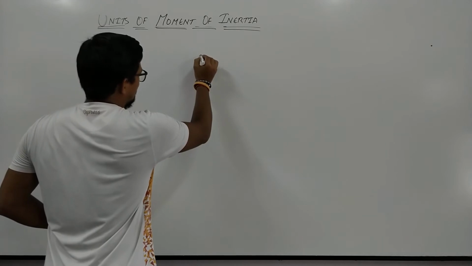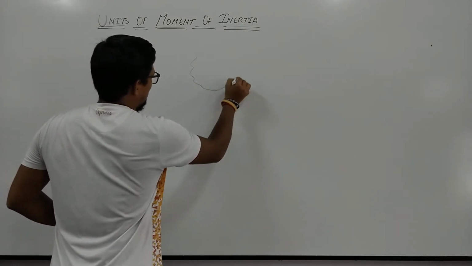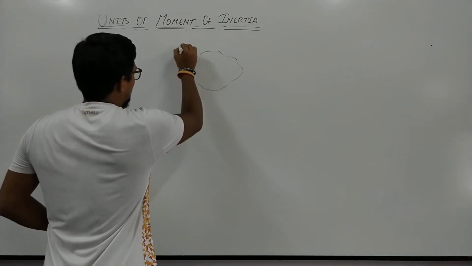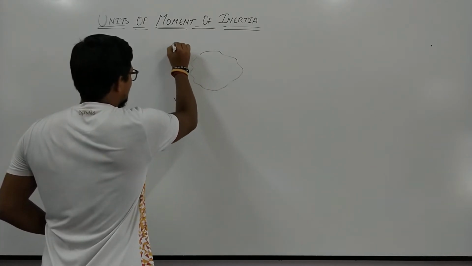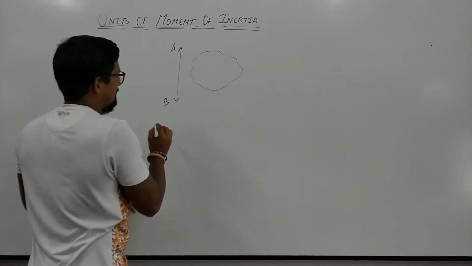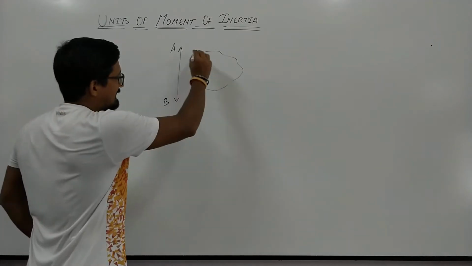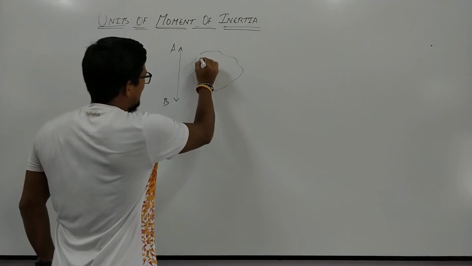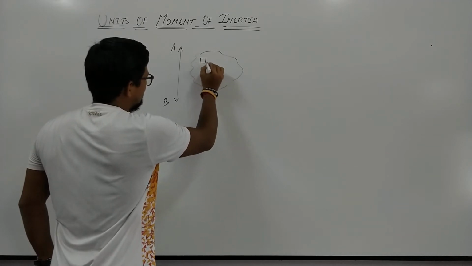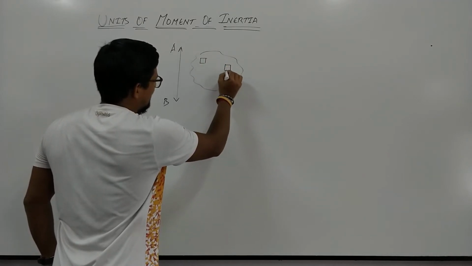Suppose there is a plane figure and we have to calculate the moment of inertia of this plane figure about axis AB. So we have to divide this plane area into elementary areas, a number of elementary areas.